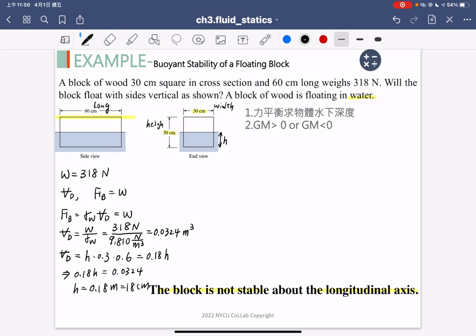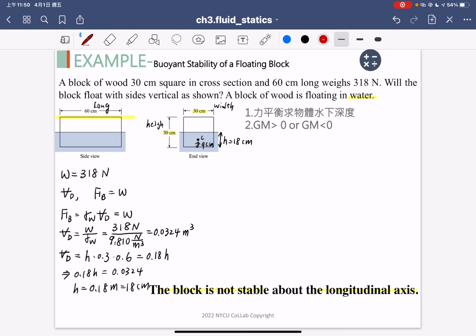So for the C, we know that H is 18 centimeters, and C is the buoyant center. So the black dot here, the distance from this C point to the bottom is 9 centimeters, because it is half of the H. And where is the G?